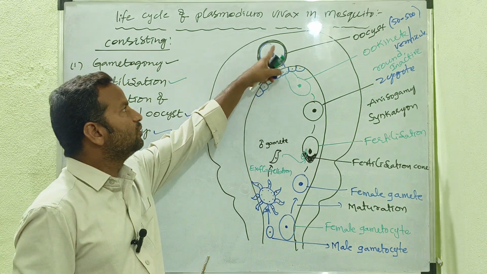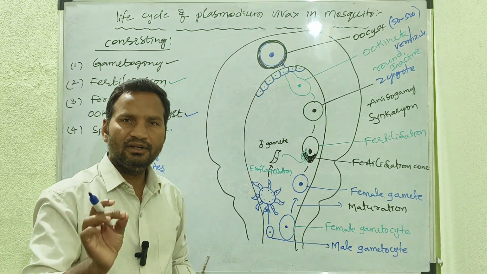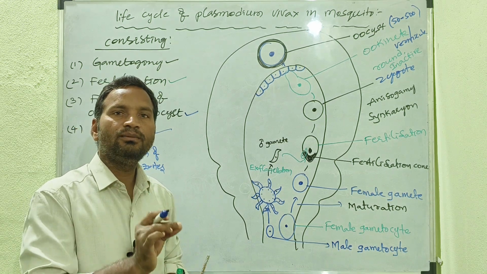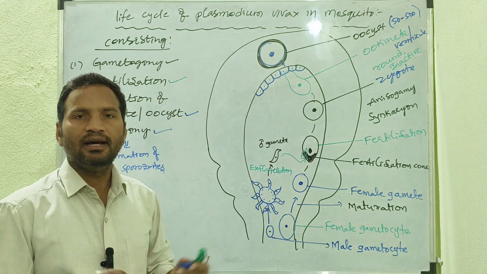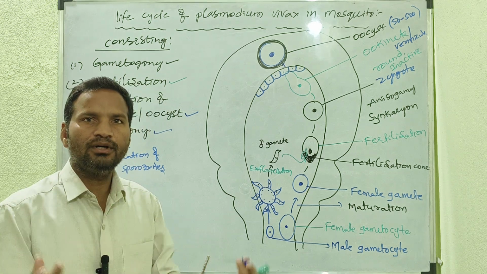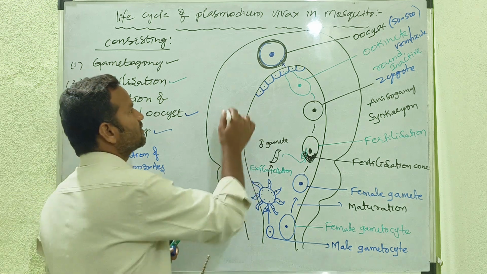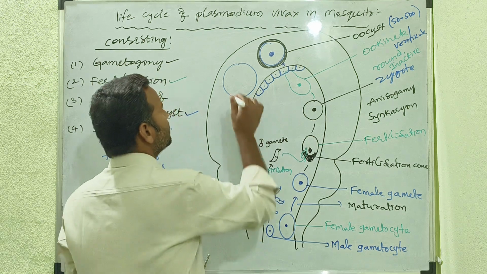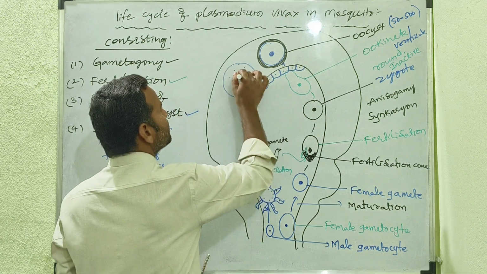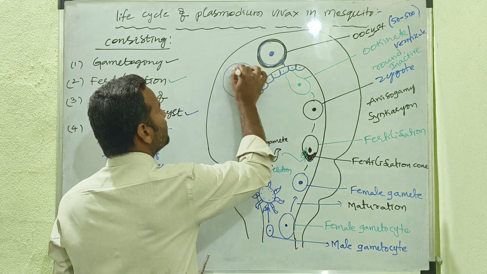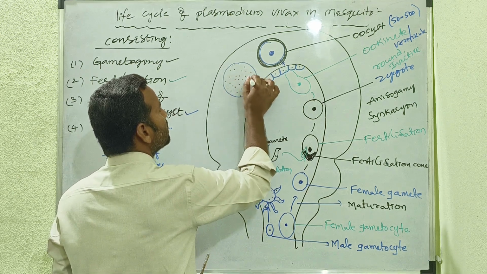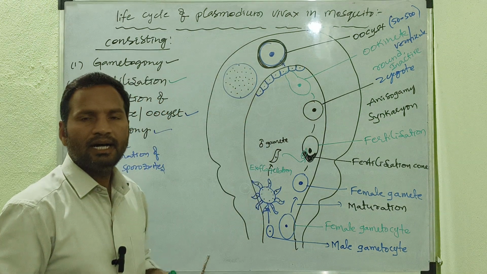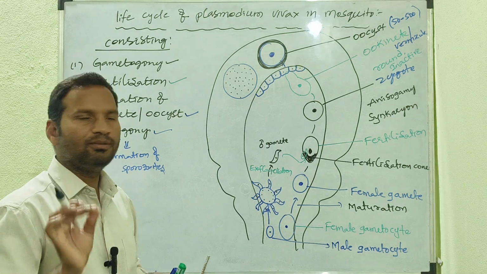The nucleus of the oocyst first undergoes reduction, then it is followed by repeated mitotic division, as a result of which it forms a number of sporoblasts. In this stage, what will happen here? The nucleus first undergoes reduction, then repeated mitotic division, as a result forming the sporoblast.